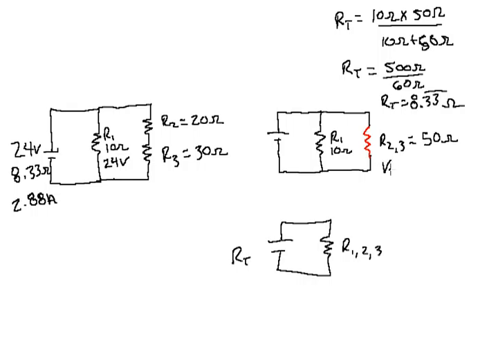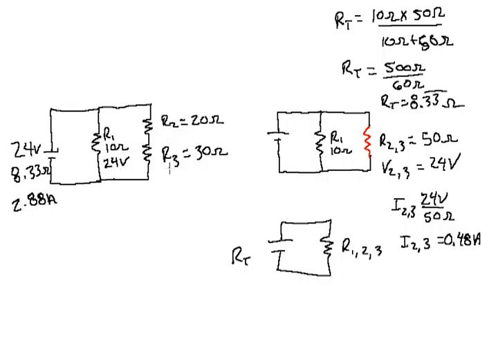So V2 3 equals 24 volts. We can find the current for this branch here, because I2 3 equals 24 volts divided by 50 ohms. So I2 3 will equal 0.48 amps.